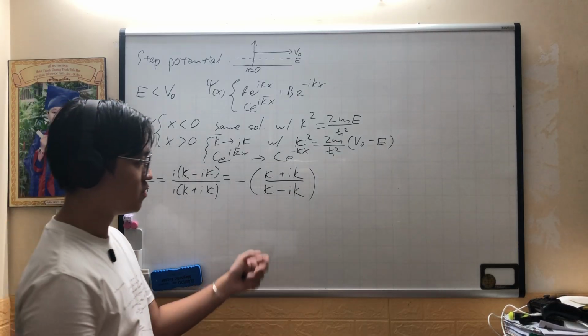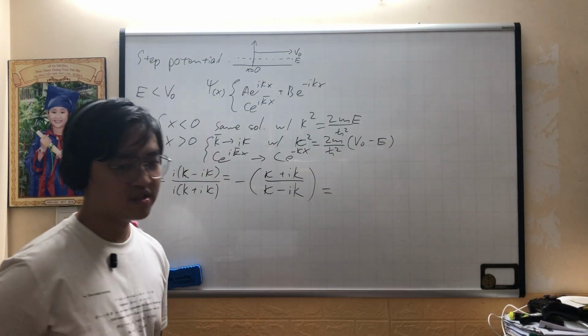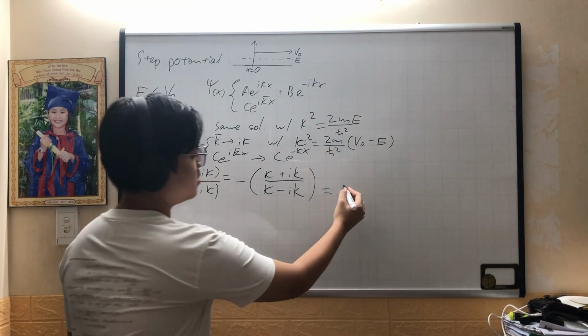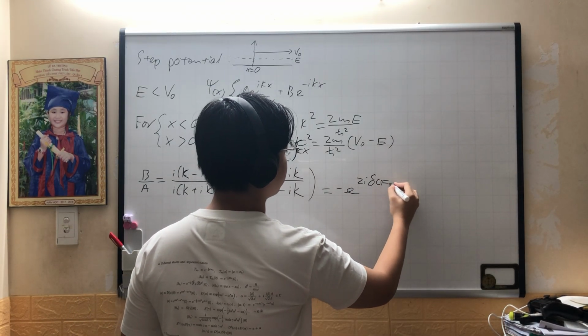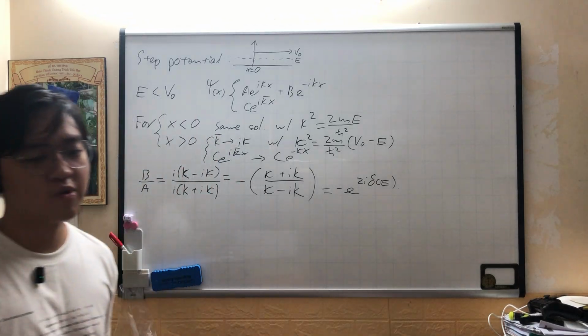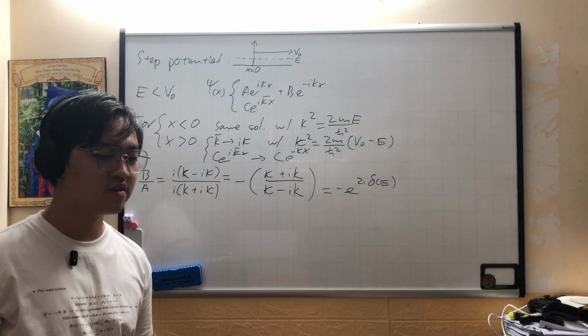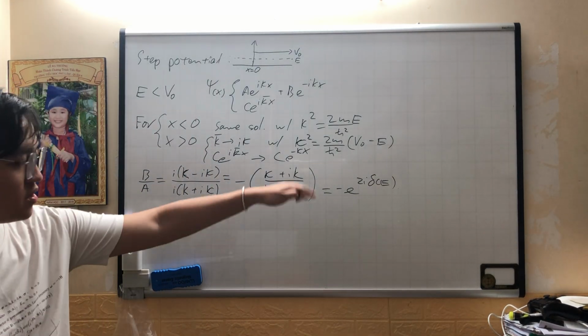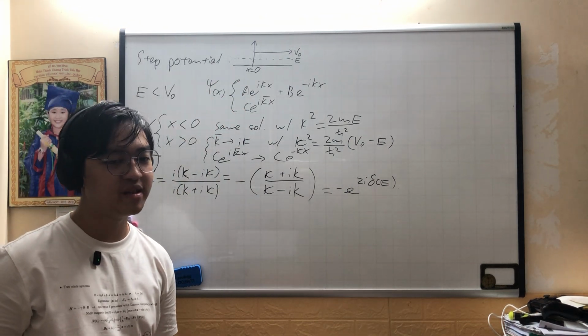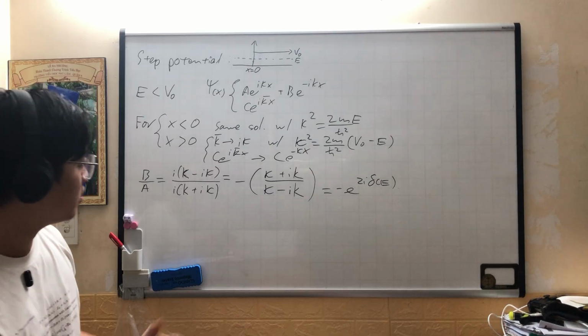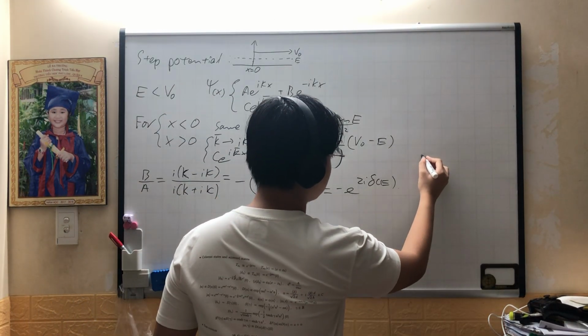So what you get ultimately is minus e^(2iδ(E)). We take a delta of E, that would be our phase shift. And when you plot it on the kappa and k plane, it would look something like this.